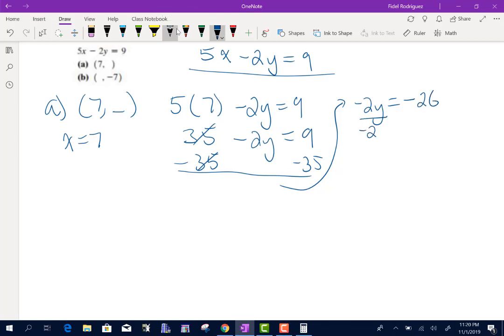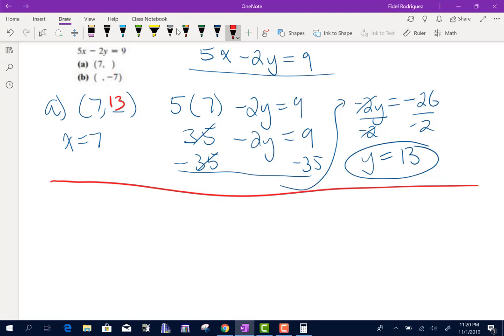Now we need to divide both sides by negative 2. Negative 26 divided by negative 2 is a positive 13. So again, guys, I'm going to come back over here and write down the number 13.